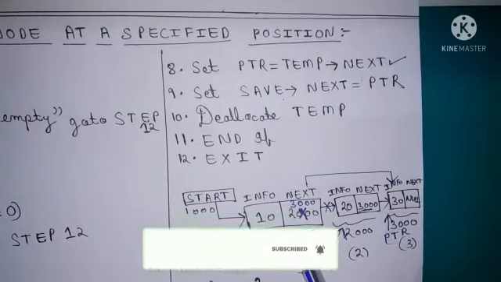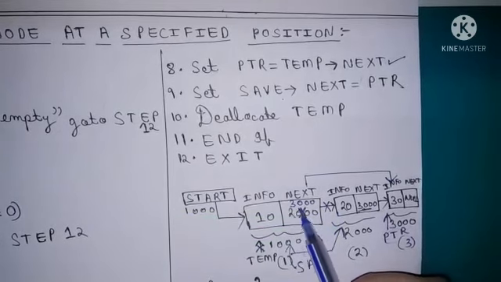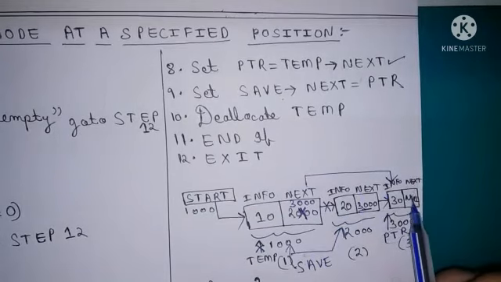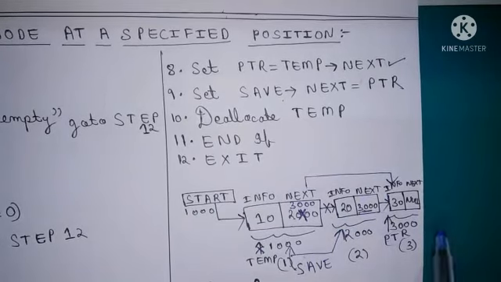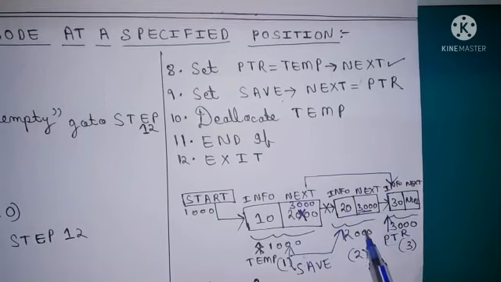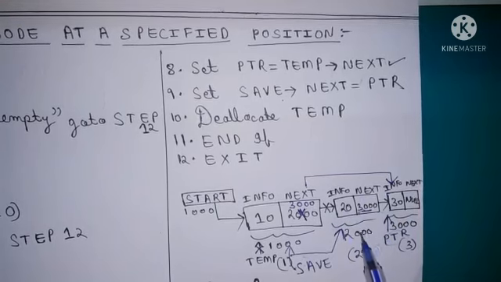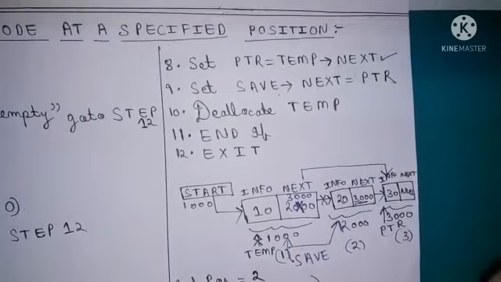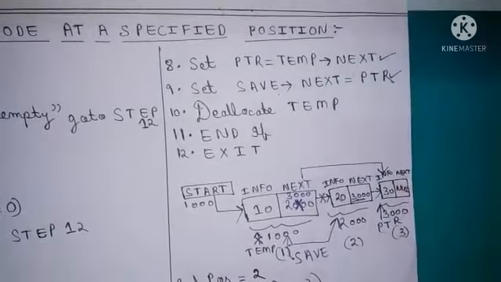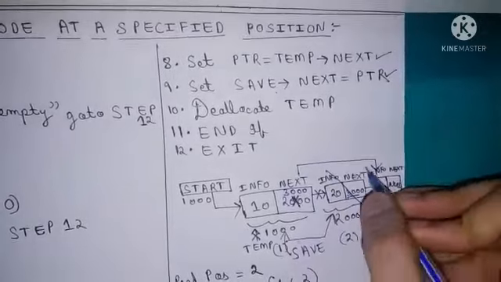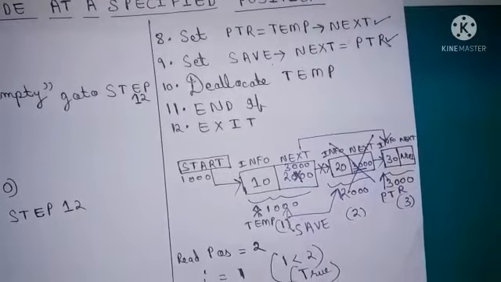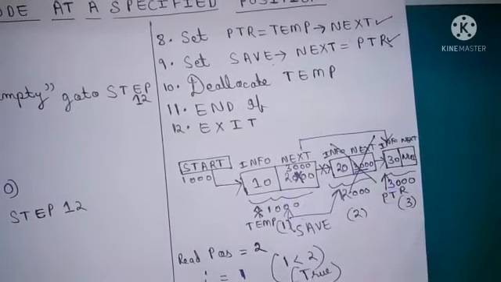Save is at 1000, so save next will store the address of ptr, that means it will point to the node whose address is 3000. It will no more point to the node whose address is 2000, that is temp. Now this is all set and this is also executed. Now deallocate temp, so temp will be deallocated. Now it is completed. This is end if and then exit.